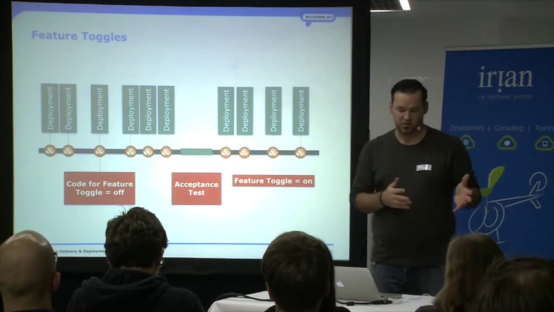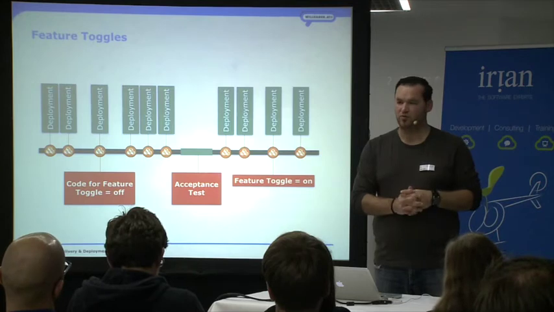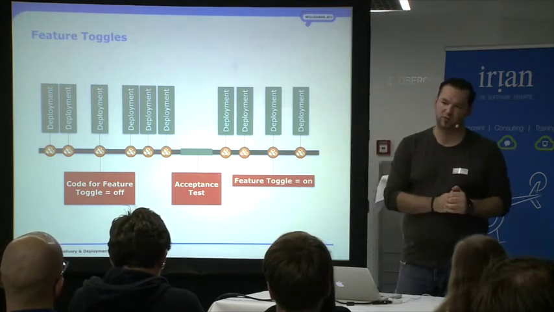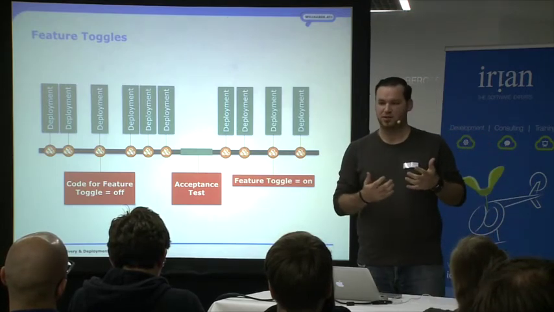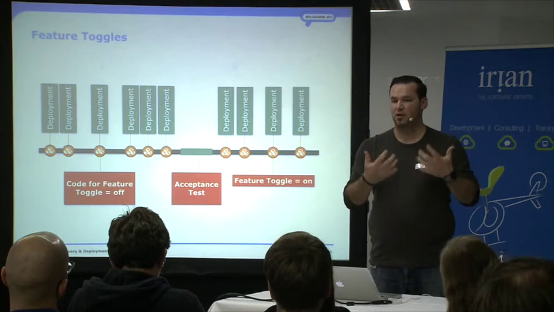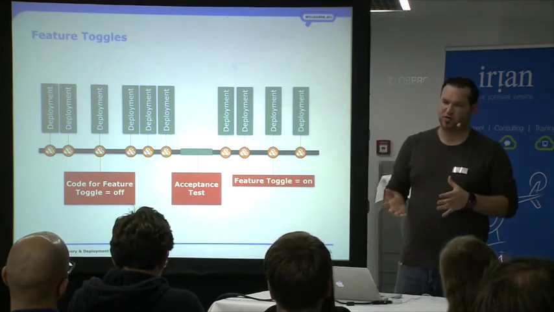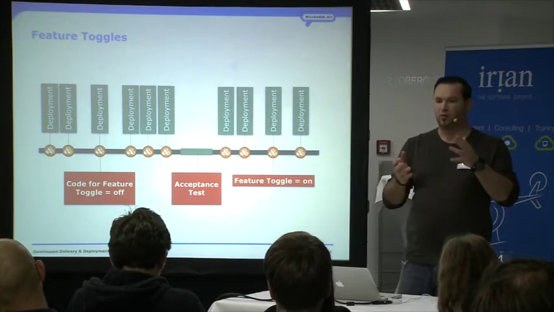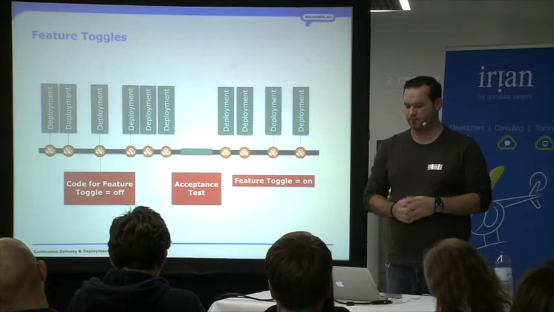Then sometime in the future you decide when is the right moment to release your feature, and you just release a new configuration for your software, and this new feature is released to production systems. So a feature toggle is a quite good mechanism to use continuous delivery, but also keep control of when your features are going live.